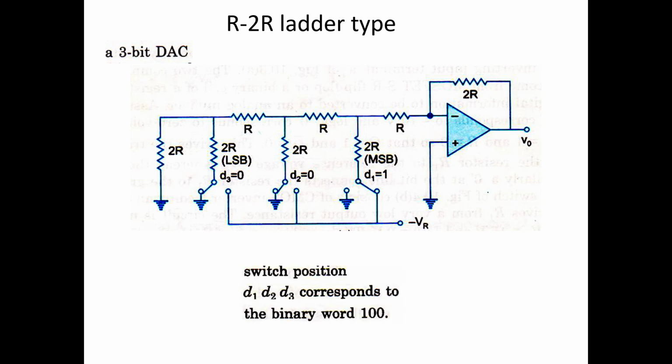Switch positions D1, D2, D3 correspond to the binary word 100. So this is 1 because it is connected to this. This is grounded, so 0, 0. So the binary word is 100.